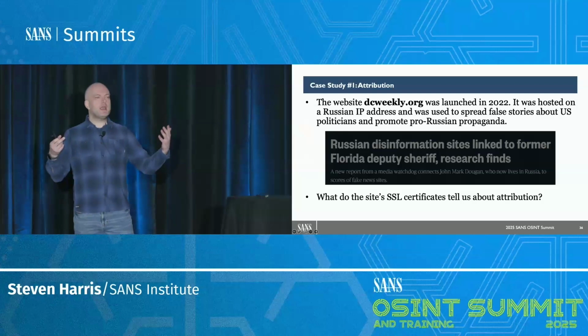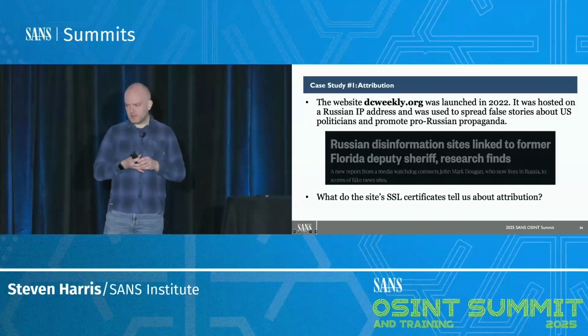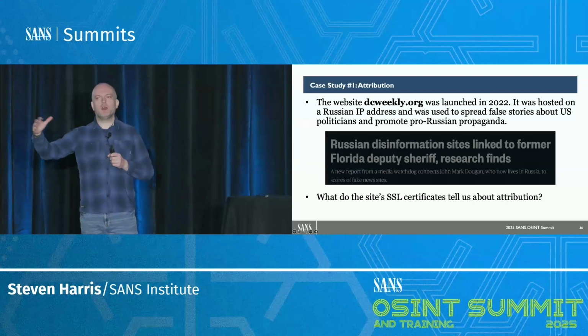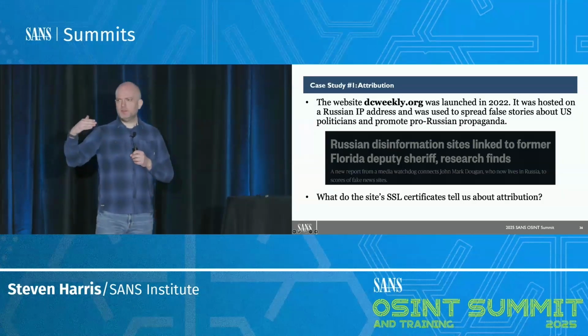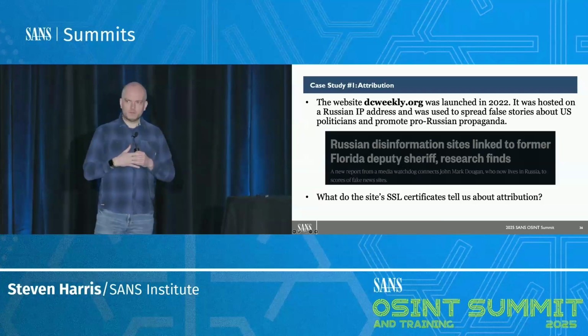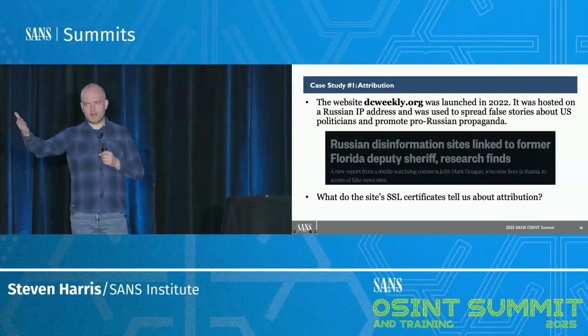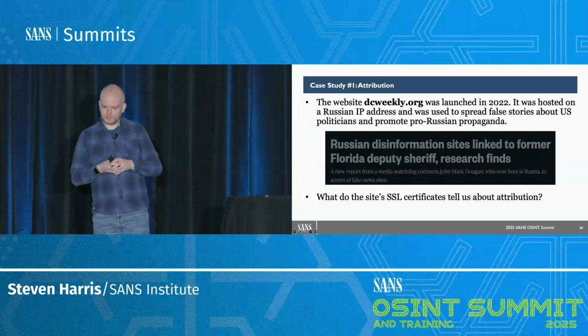The overall aim of the website was to convince US audiences, or people in other parts of the world who read US media, that certain things about US politicians and the US government were not true. So it presented the US in a very negative light and presented Russia in a very, very positive light.